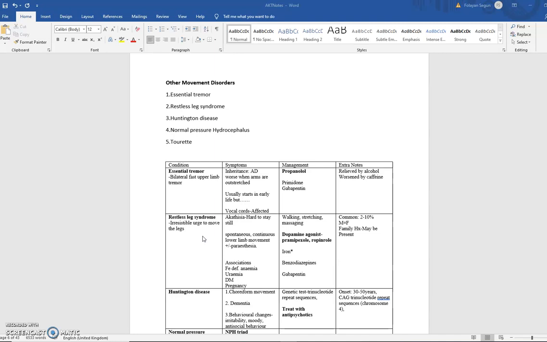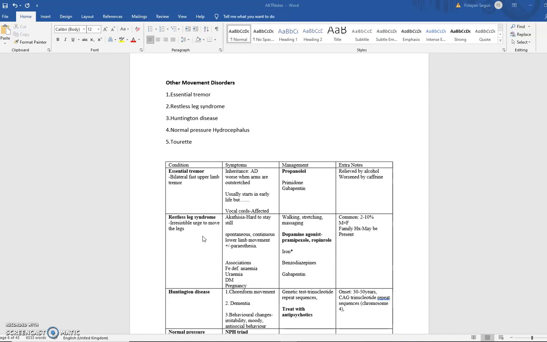What is the management? In the management of restless leg syndrome, we try to utilize things like walking, stretching, and massaging. If these do not work, we go ahead to use dopamine agonists like pramipexole and ropinirole. Usually, when you have a question on the AKT asking what medication you will give to a patient that has restless leg syndrome, this is the answer: dopamine agonists, pramipexole, ropinirole.